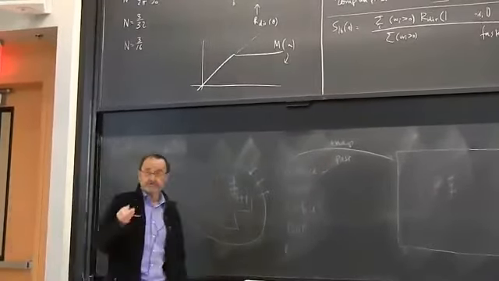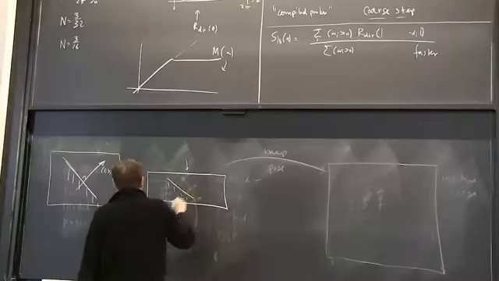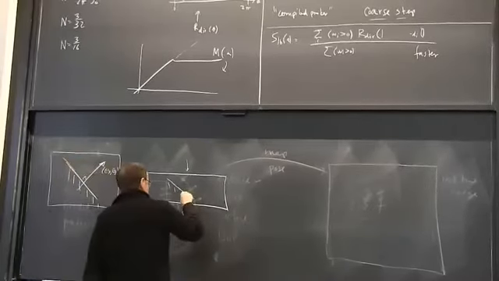Now suppose that I have an operation that changes the aspect ratio. So suppose I squash it. Then, of course, this line is going to have a lower slope because the top is moving down and the bottom is moving up.